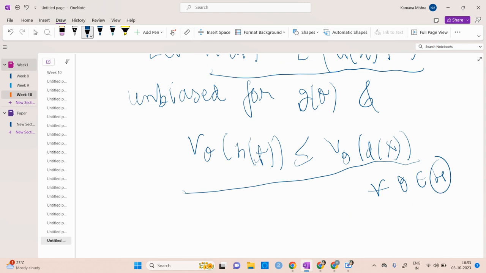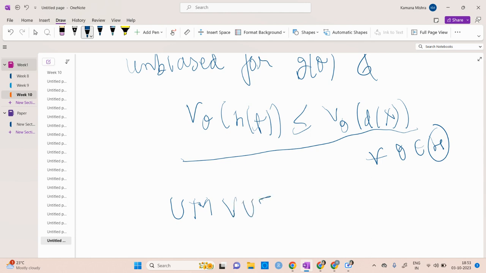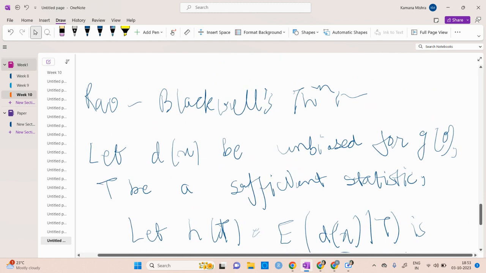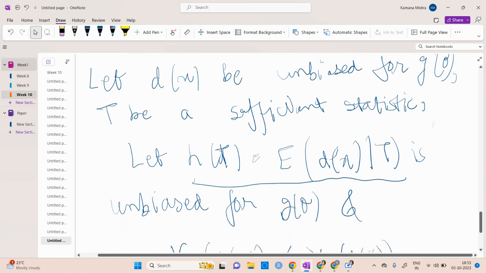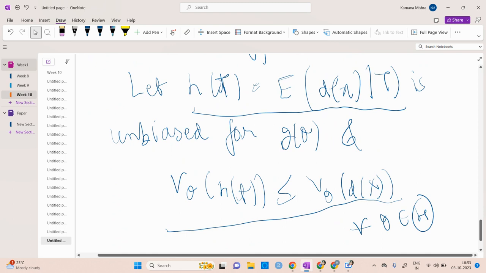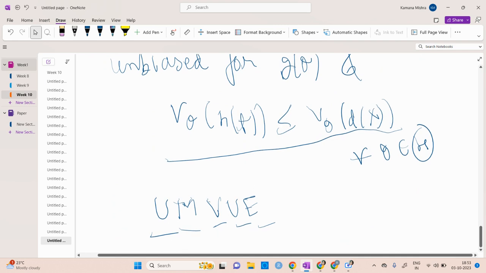What is happening here is that this one is called, no, unbiased, minimum variance. Okay. So if you have one unbiased estimator and T is a sufficient statistic, and you make the function h(T) like this, then you get this as an unbiased estimator, and the variance is less than or equal to variance of d(x).